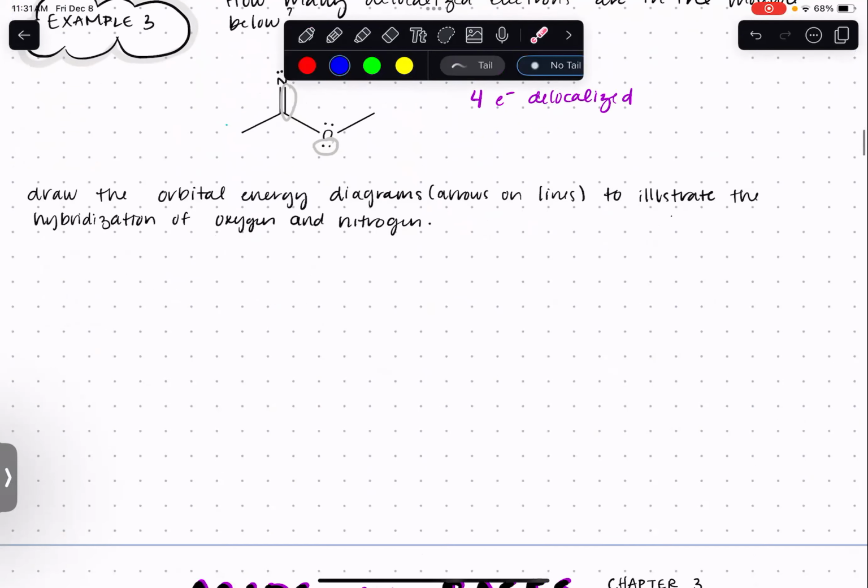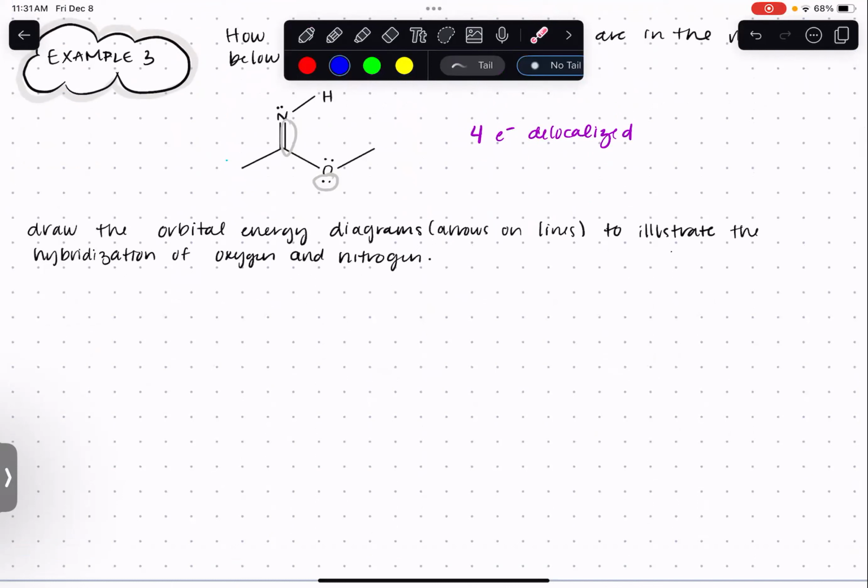And then draw orbital energy diagrams to illustrate hybridization of oxygen and nitrogen. So this is a problem that I feel like she would probably ask you to do when we move on to our exam. She'll probably have you draw orbital energy diagrams for something like this.